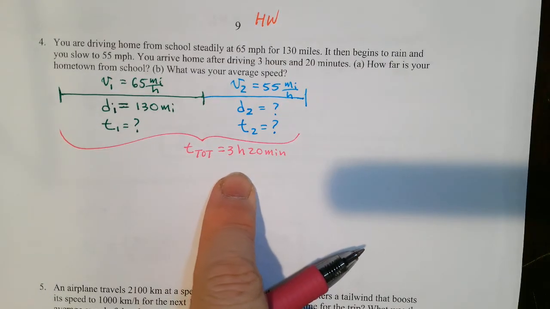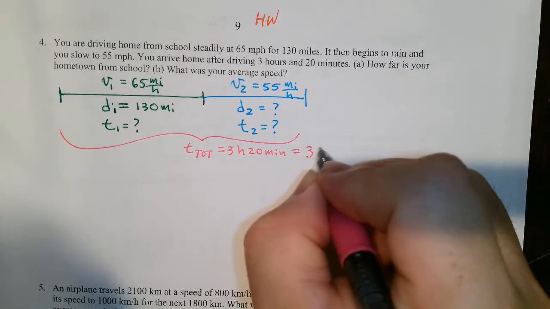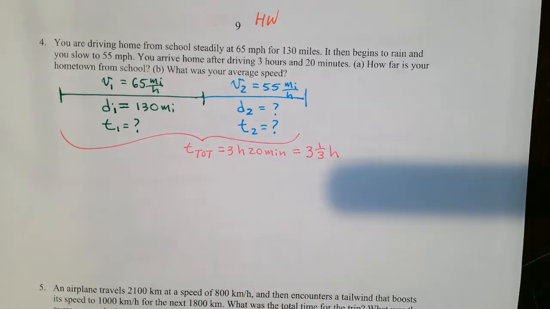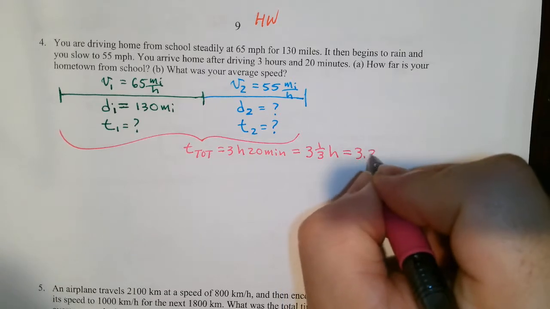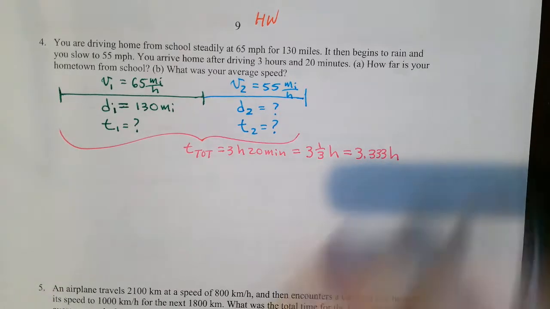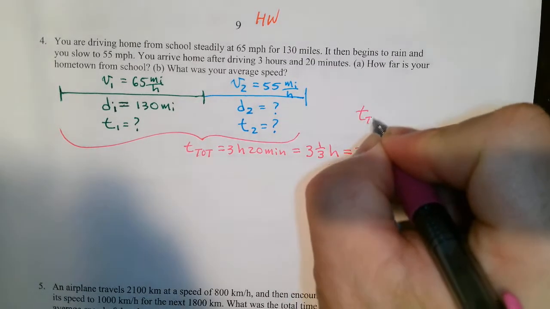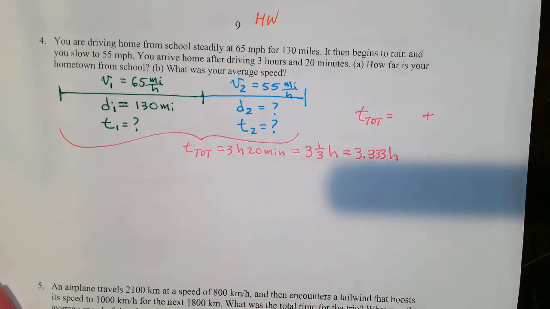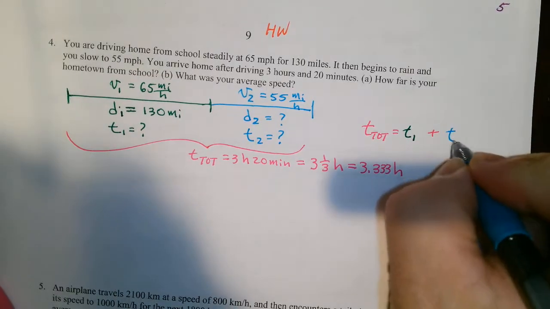That's not 3.2 hours. Matter of fact, that is 3 1/3 hours. Okay? Which is like 3.333 hours. We also know that T total is equal to T1 plus T2.